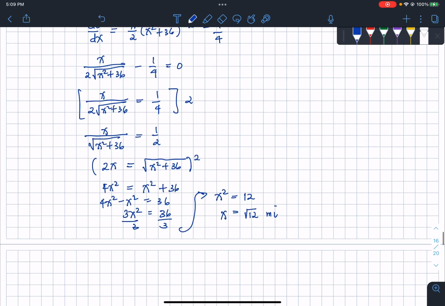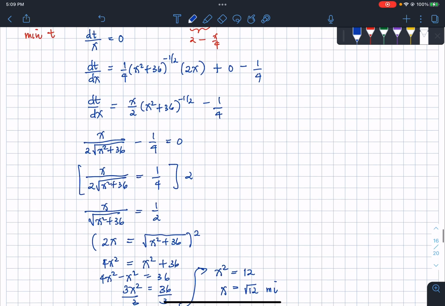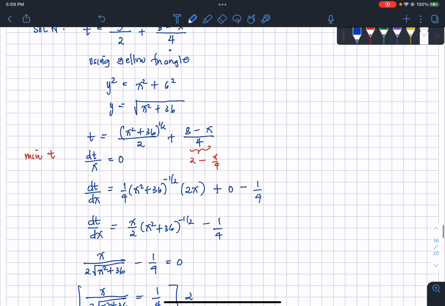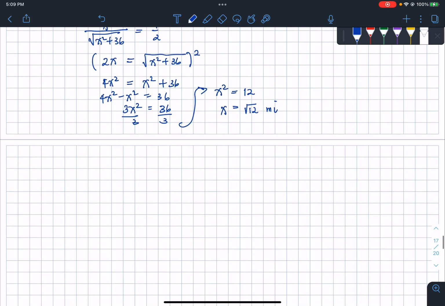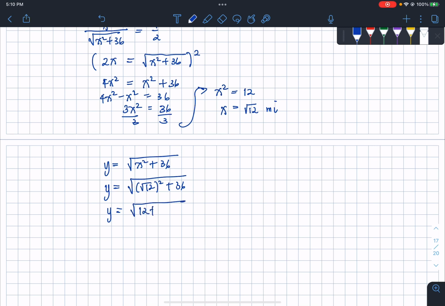So if x is the square root of 12 miles, then y is the square root of x squared plus 36. So y would be the square root of 12 squared plus 36. So y is simply 12 plus 36. Y is the square root of 48.